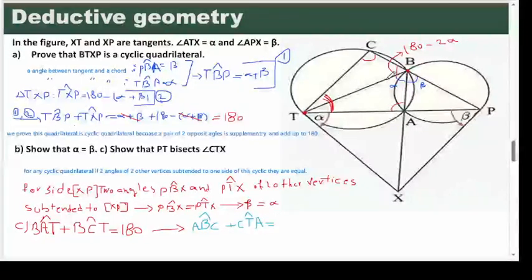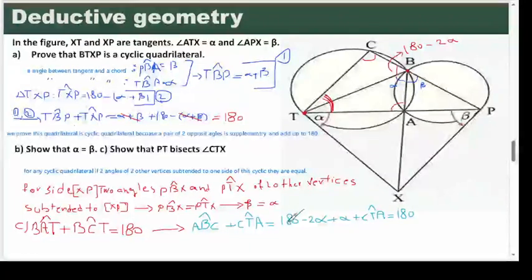So ABC is 180 minus 2 alpha plus alpha, which gives me 180 minus 2 alpha, this part, and alpha, which gives me angle ABC plus alpha plus the angle CTA equals 180.